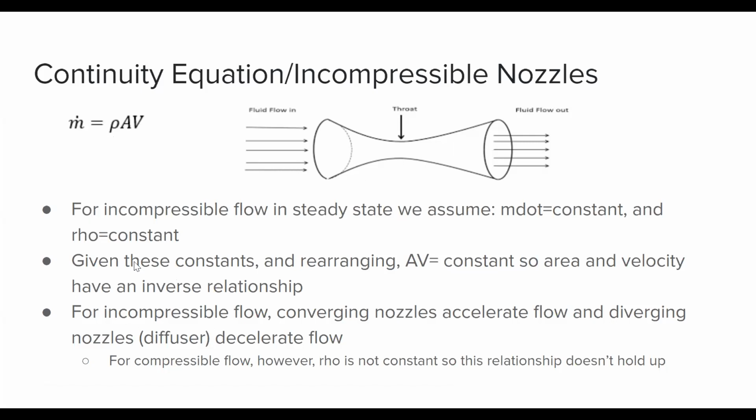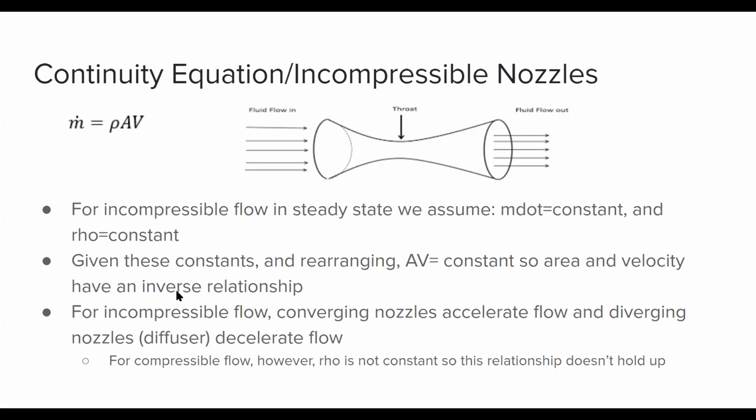So in this equation, if you rearrange all these variables, in an incompressible fluid, density rho is constant. We already said mass flow is constant. We're going to be looking at this in the steady state. So m dot over rho is a constant, and then area times velocity also must be constant.